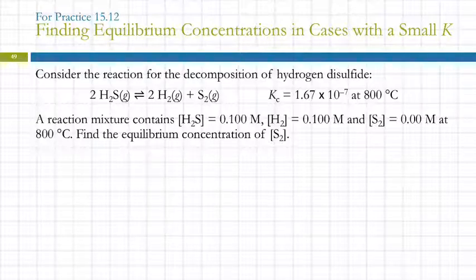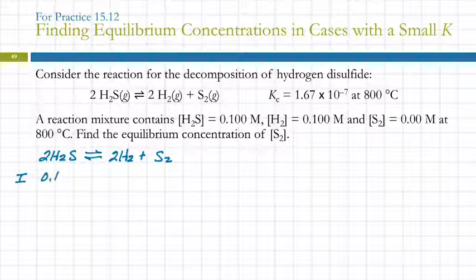So I'm going to write the equation up at the top. 2H2S in equilibrium with 2H2 plus S2. Initial concentrations for the H2S is 0.100 molar, and for the hydrogen it's 0.100 molar, and for the sulfur it's 0.